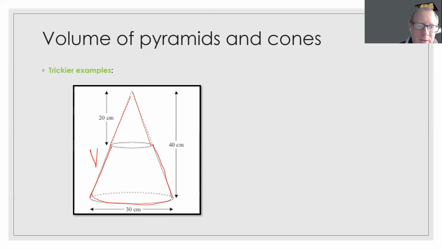So we call the big cone volume 1. Volume 1 is just 1/3 times pi times my radius, which here is 15, half of 30, squared, times my height, all the way up, which is 40.